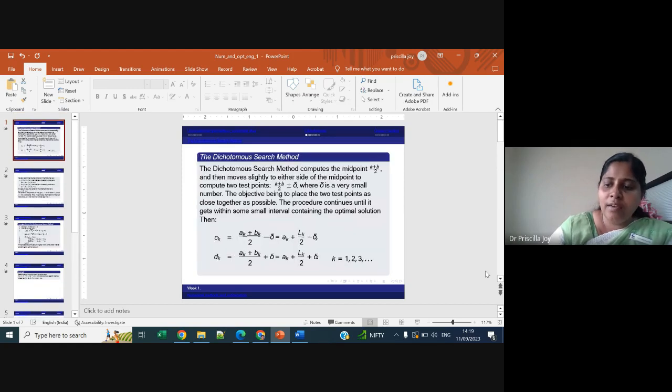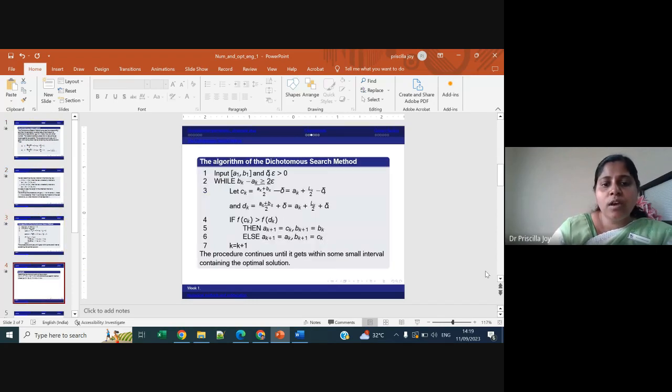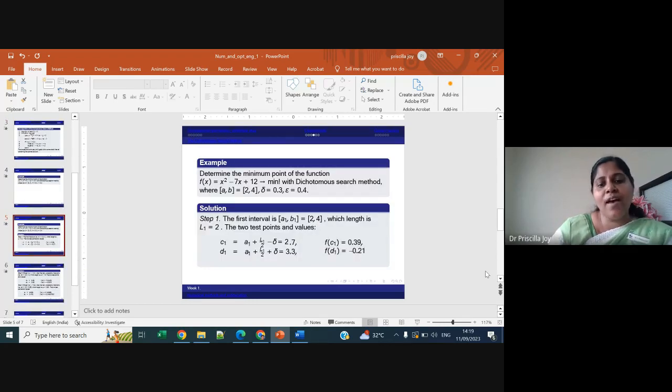So Ck is equal to (Ak plus Bk) divided by 2 minus delta, which is also equal to Ak plus Lk by 2 minus delta. Okay, so that is the equation which is given, based on which we need to find with a set of values.